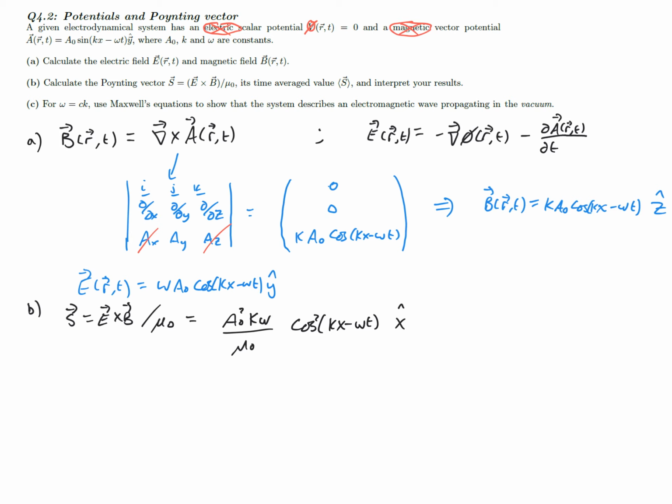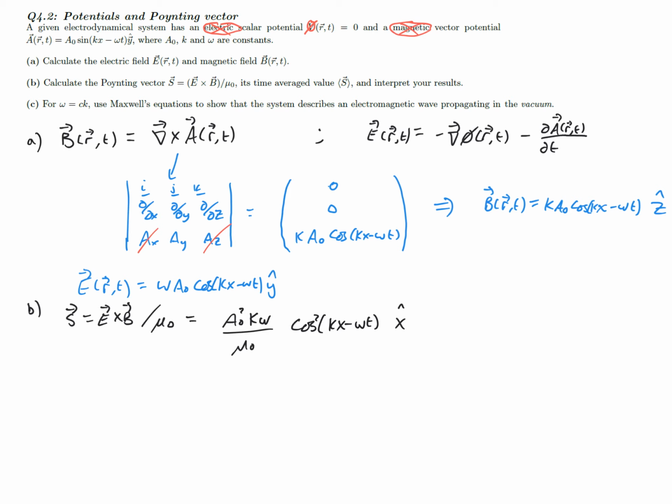We have to work out the time averaged value. This cosine here oscillates between 0 and 1 because it's cosine squared, of course. So we oscillate between 0 and 1. If we take the long time average, the average value of that object is going to be 1/2.